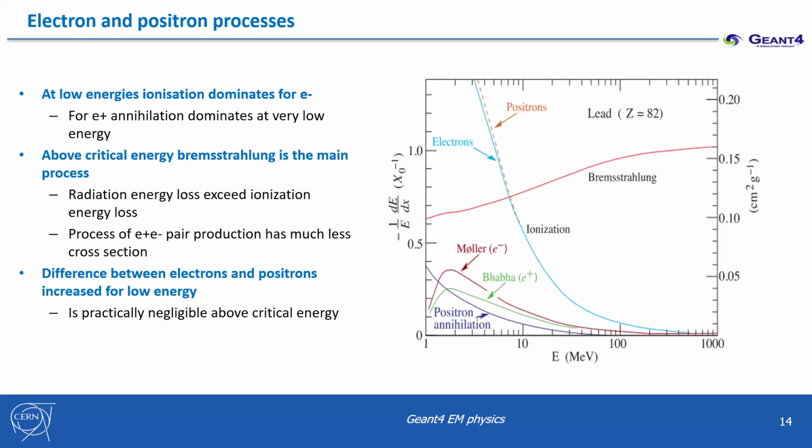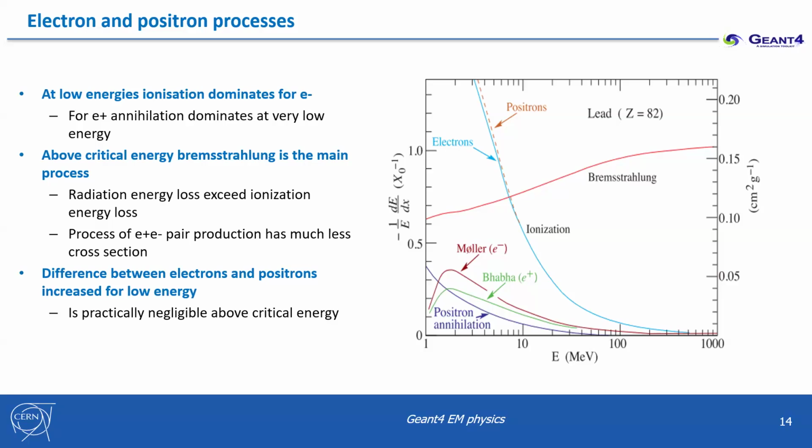If we look at electrons and positrons, we immediately see that there are two main regimes. At low energy, ionization dominates. Ionization from electron and positron are not identical, but the difference is not very big. But at high energy, everything is dominated by radiation loss, so by the Bremsstrahlung process.